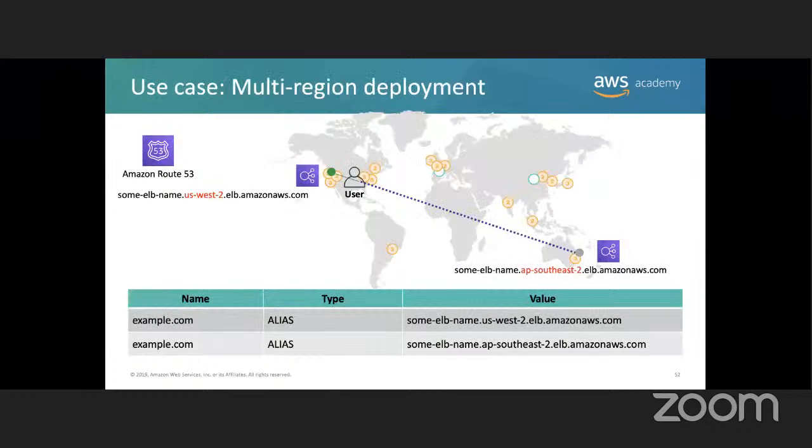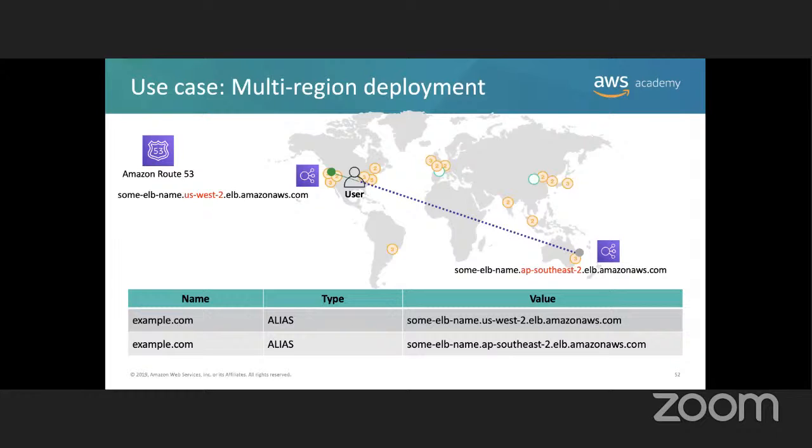So, multi-region deployment. See here we have a user in the United States, and we have an elastic load balancer close to the United States, and we have an elastic load balancer in Tokyo, in Japan. So we have Route 53 as well.